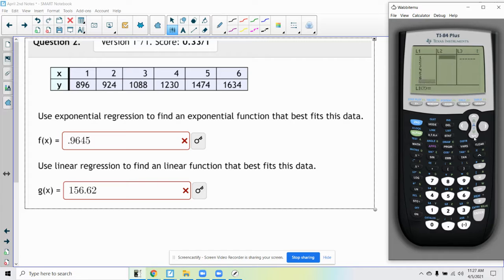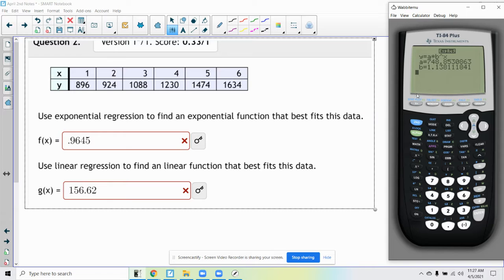And in L2, I'm going to put my 896, 924, 1088, 1230, 1474, 1634. Just like that, I'm going to go back to stat, over to my calculate menu. I'm going to go down to exponential regression, option 0. Enter through that.